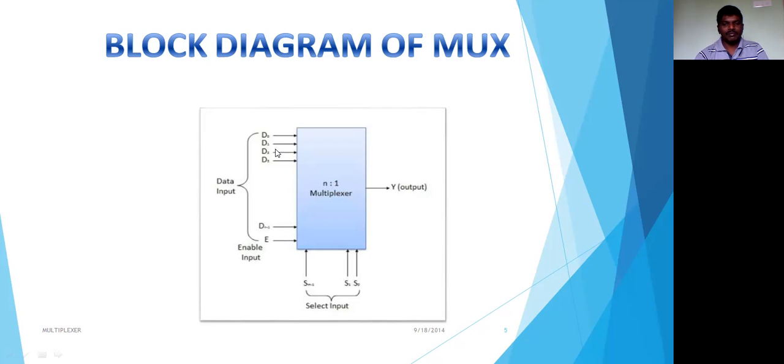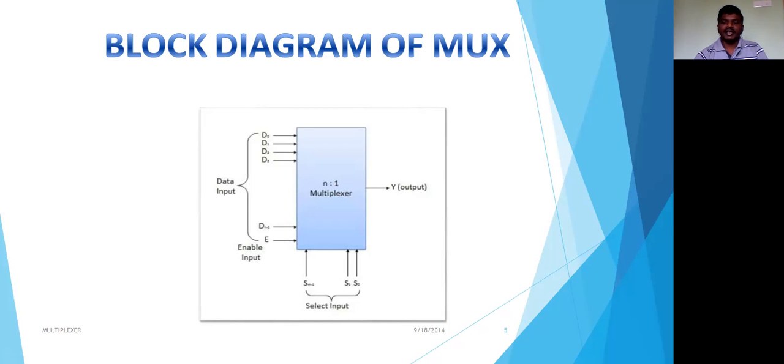So mux is a combinational circuit with n input lines, 1 output line and m select lines. The relation between select lines and input lines is given as n is equal to 2 power m, where n is the number of input lines and m is the number of select lines, and one output.